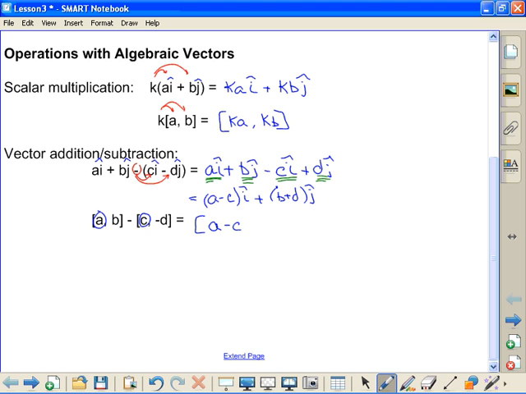My mistake. So adding my x components together, and then adding my y components together. You can see the two answers here are identical information-wise: a minus c, b plus d. They're just the forms a little bit different. So it's just like grade 9, adding like terms. x components can be added together, y components can be added together.